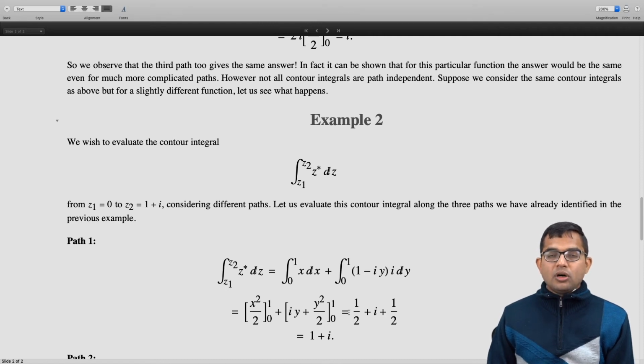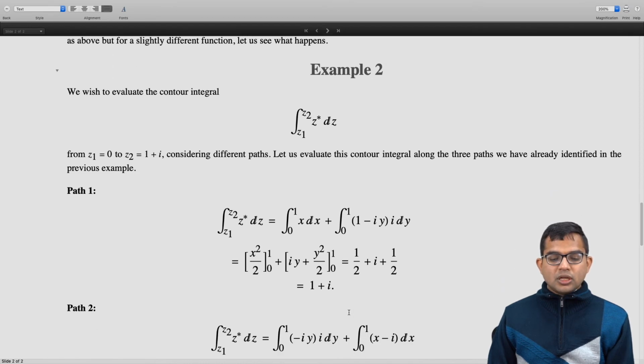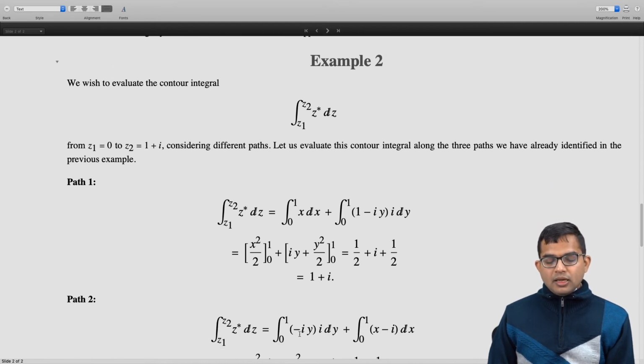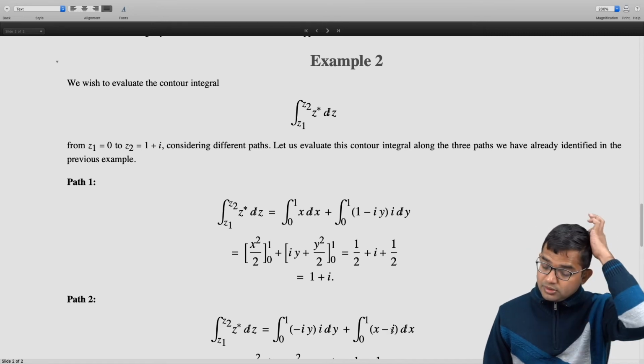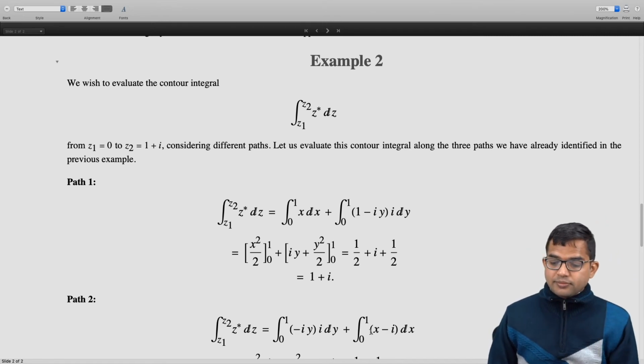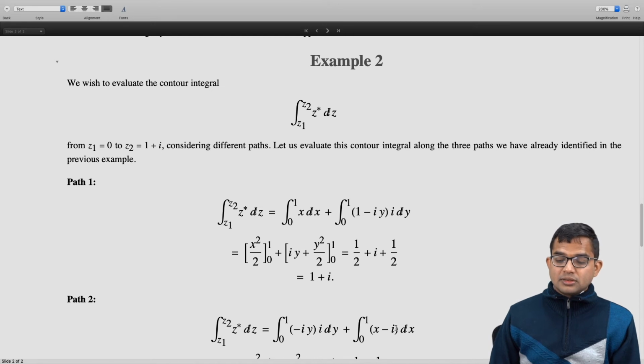But if I were to go along path 2, now in the segment OC, I have z star is going to be minus iy, then dz is of course i dy, then in place of x plus i I will have to write down x minus i, because I have to do z star, then I have a dx.